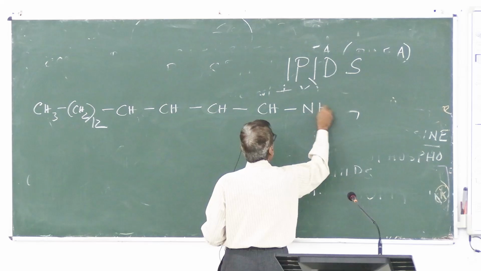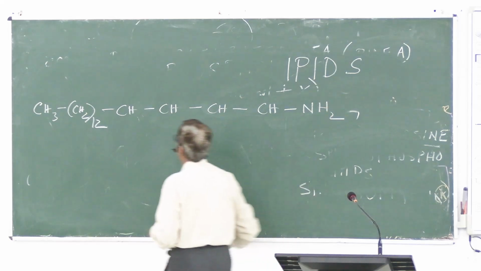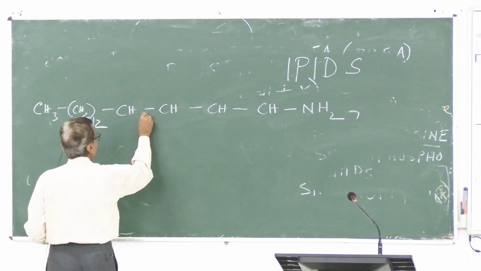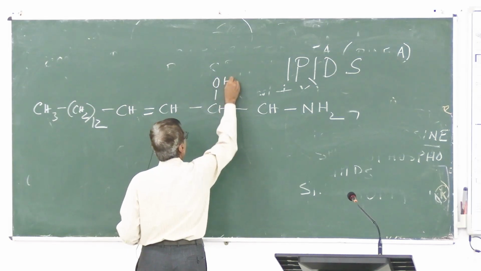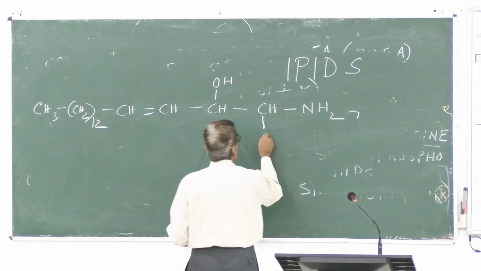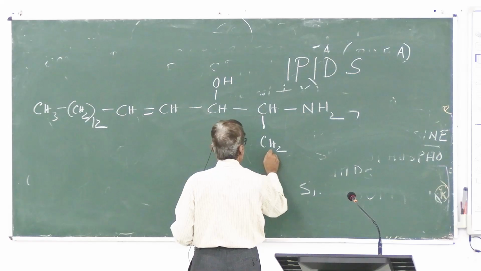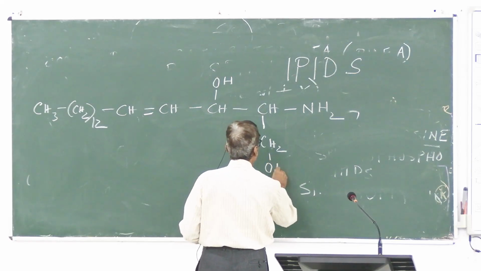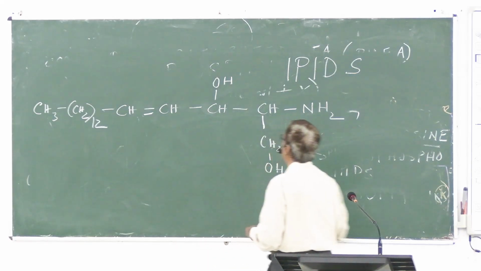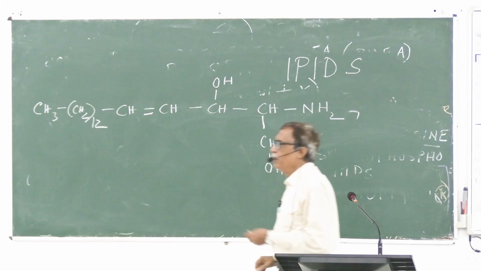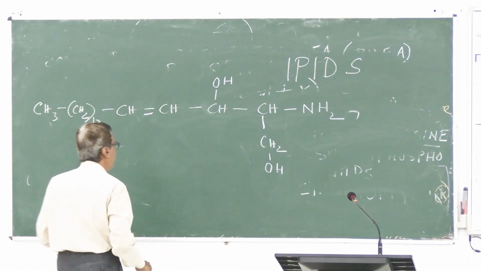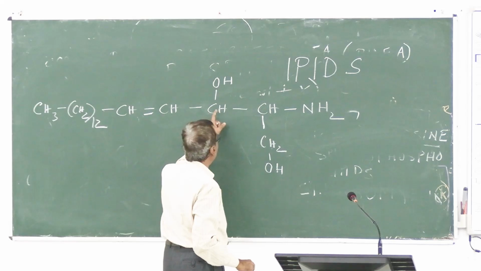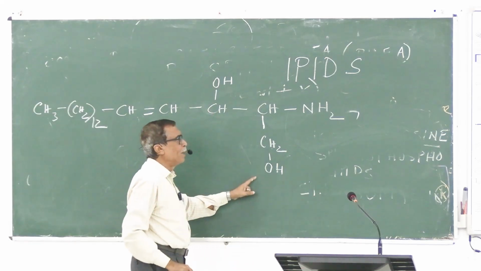This is an amino alcohol. There are two alcohol groups, unlike glycerol, which has three. This one is the secondary alcohol and this is the primary alcohol.